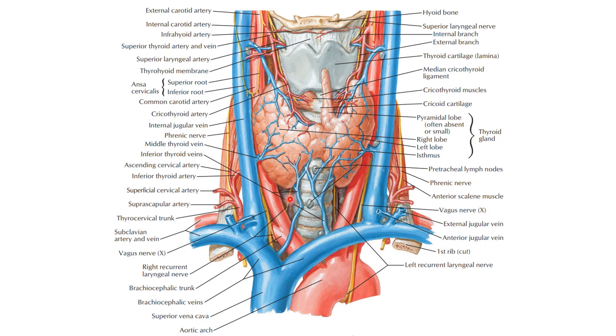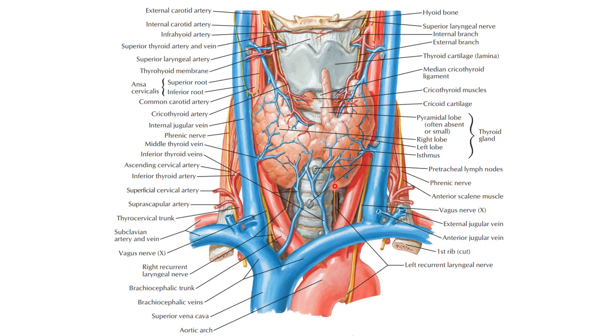Okay? Whereas in the left, the vagus nerve descends, and as it descends into the chest, it will give the left recurrent laryngeal nerve, which loops around the arc of the aorta.